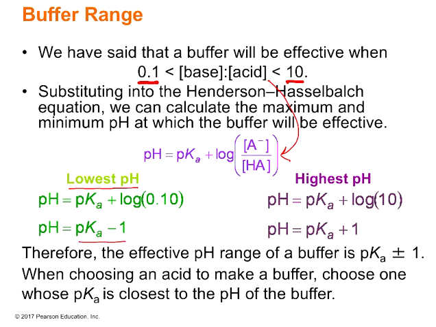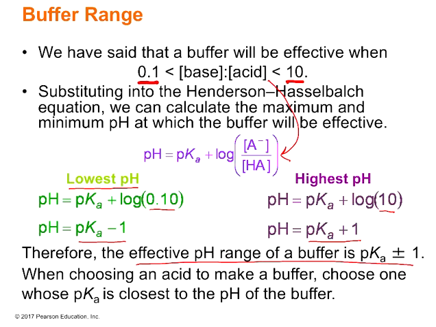So all we did there was plug in 0.1 into the ratio of base to acid. And if we plug in 10, which is the higher end of our range, we can see that the highest pH at which a buffer will be effective is equal to the pKa plus 1. So what this tells us is that the effective pH range of a buffer is pKa plus or minus 1.